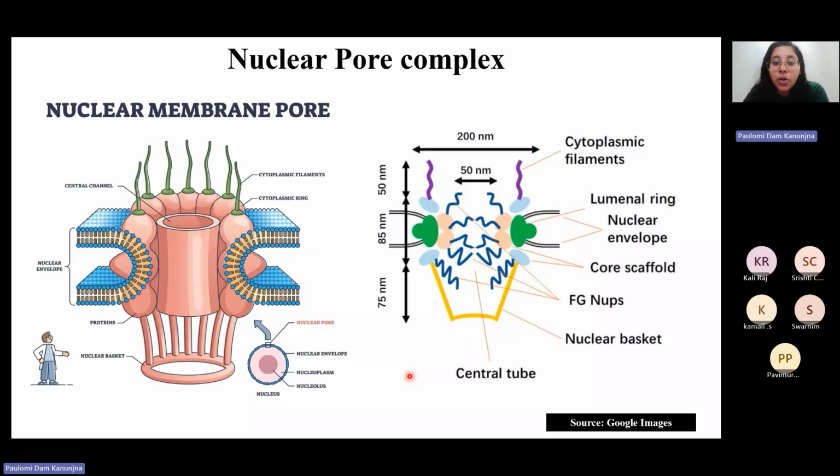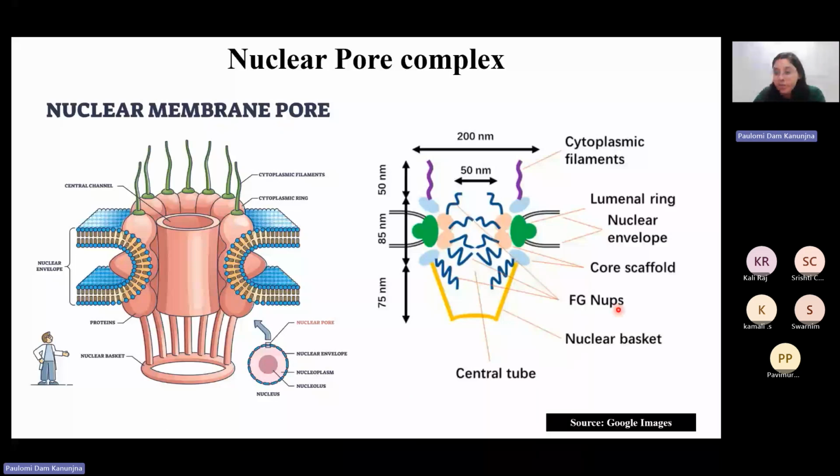Your nuclear pore complex, as I mentioned, I did not mention the structure of it. So let me show the structure here. The nuclear pore proteins together are called nucleoporins. You can see the name here, NUPs.